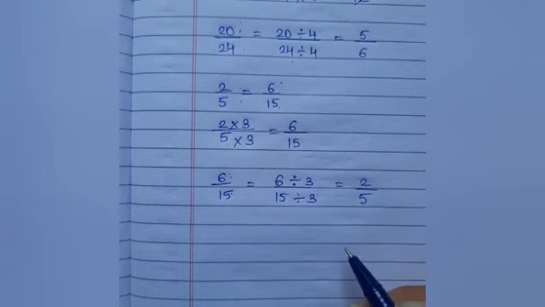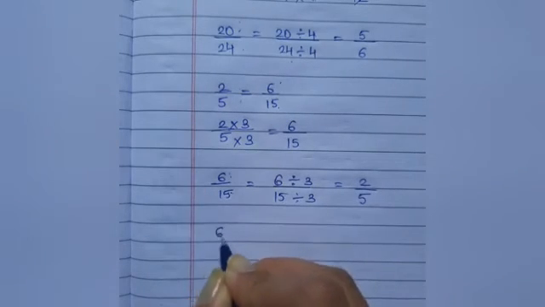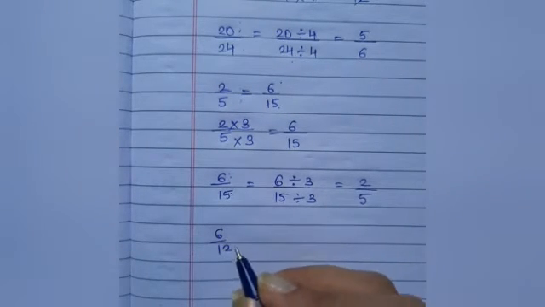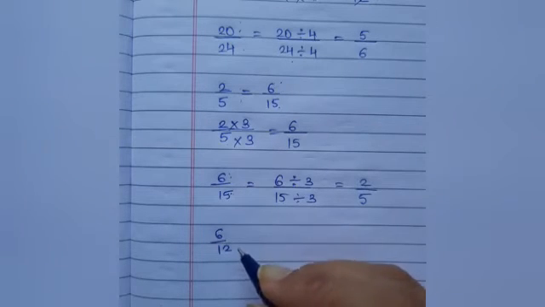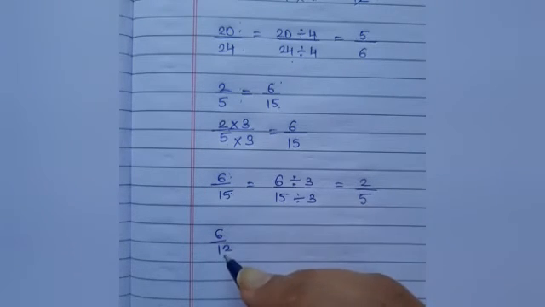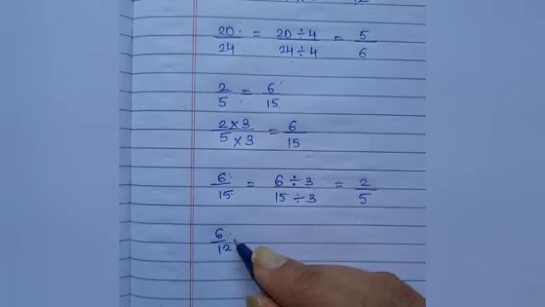Suppose I give another fraction, 6 upon 12, and you are told to find an equivalent fraction. So what you will do is see in which tables 6 and 12 appear. They appear in the table of 2 and in the table of 3.